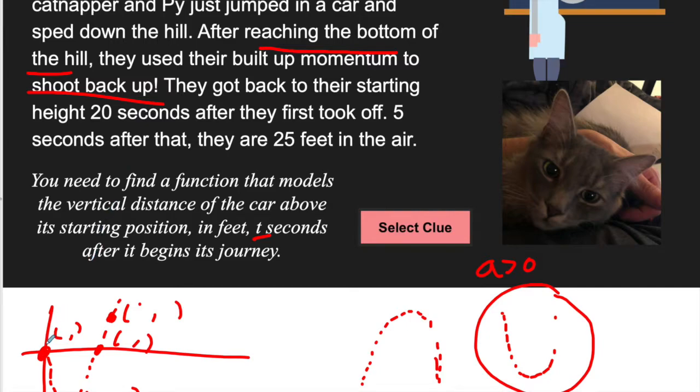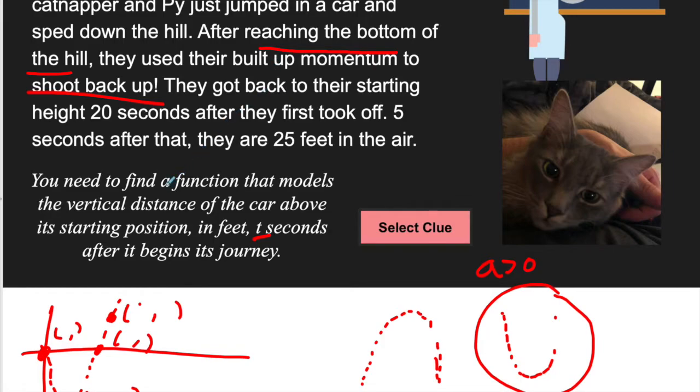We have an intercept, both an x and a y intercept. We have another x-intercept. We have a vertex. And we have a point on the curve. Okay? Now, right away, we can figure out a couple of these things. And let's see what we can figure out.